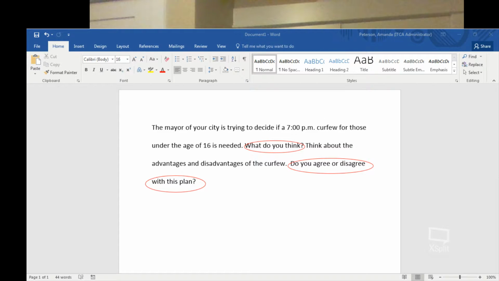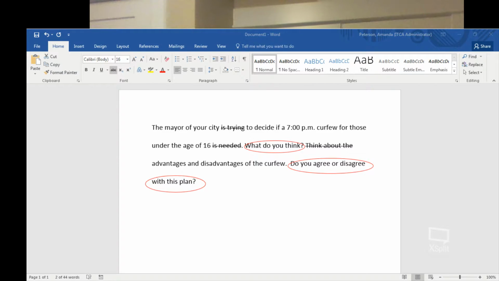Now, this question is kind of meaty and it's kind of short, so there isn't a whole lot of fluff, but I would cross out the think about the, is needed, is trying.